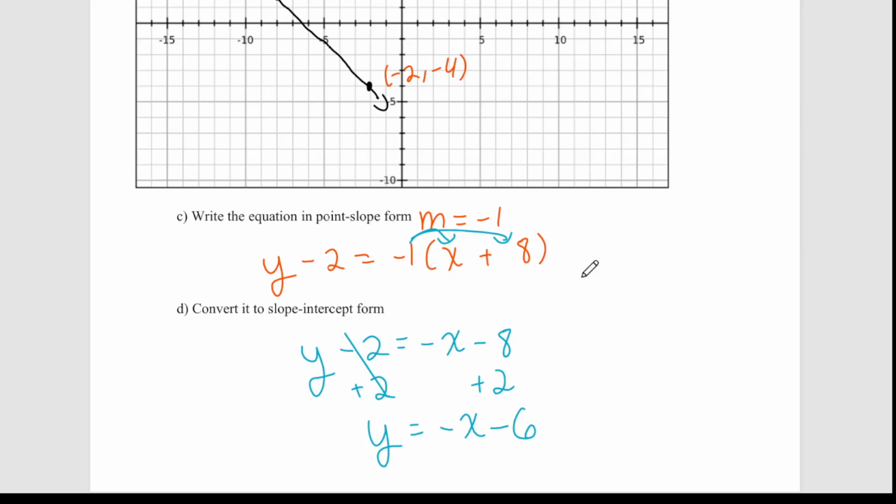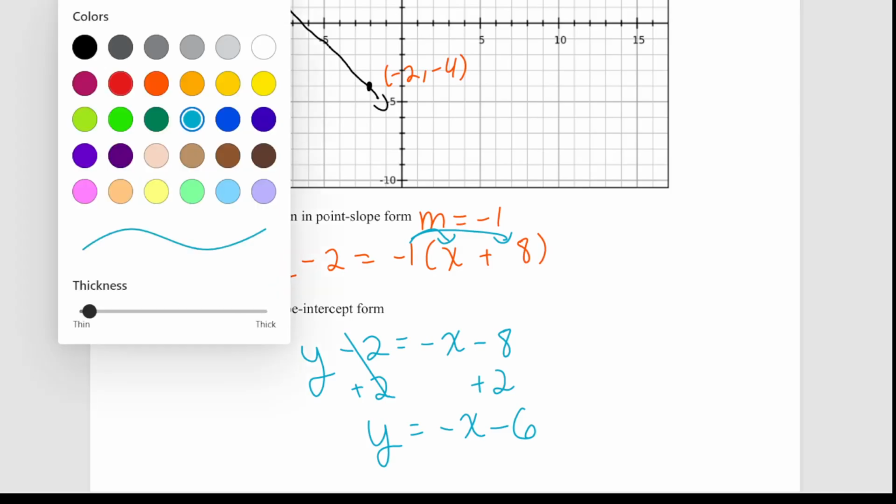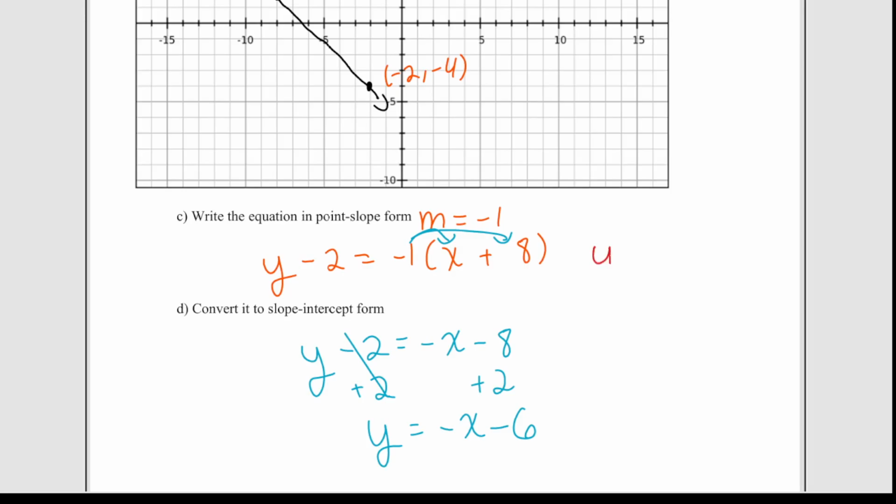Equivalently, what you could have done is you could have plugged in the other point instead, and you should have gotten the same result. So if we plugged in the other point instead, we'd have y plus 4, because minus a negative 4 ends up adding 4. And then you would have negative 1 parentheses x plus 2, since subtracting a negative 2 becomes adding 2.